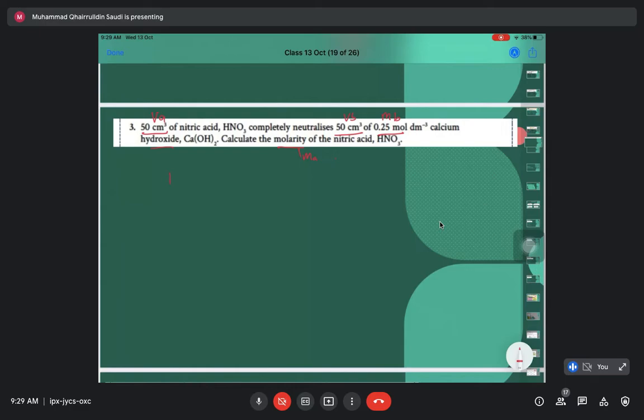Nitric acid plus calcium hydroxide, you will get calcium nitrate. Calcium nitrate, if you don't know, okay, Ca2+ NO3-, 2, 1: Ca(NO3)2 plus H2O, of course, okay, salt and water.